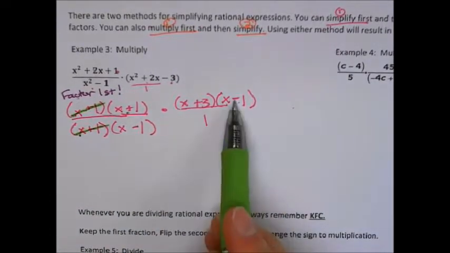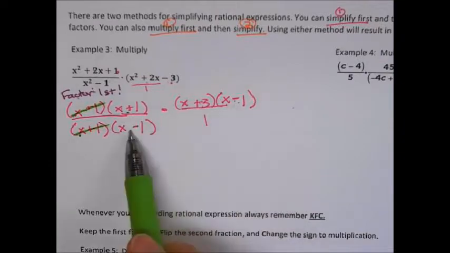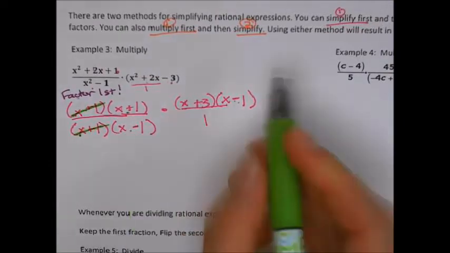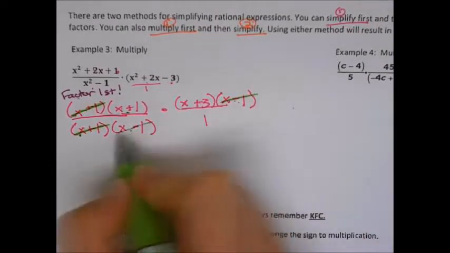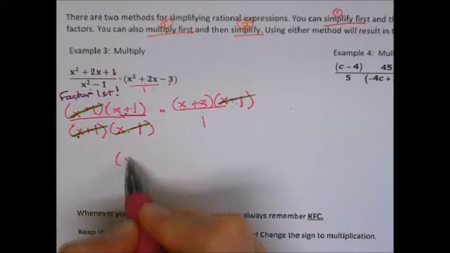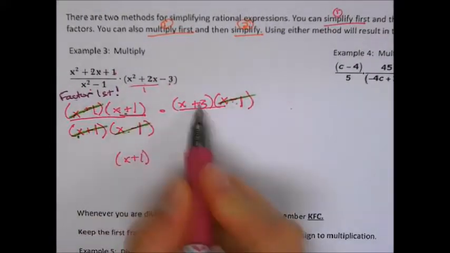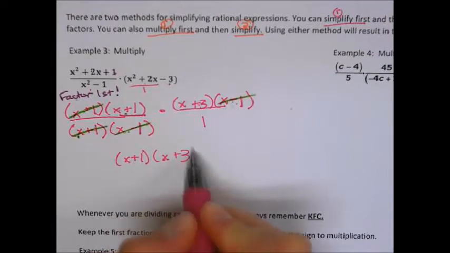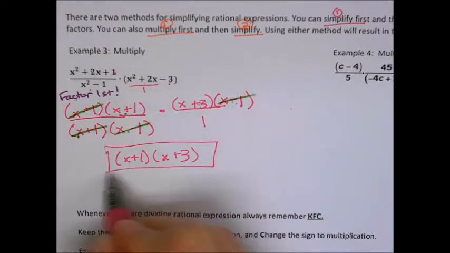I also have an x minus 1 on the top over here and an x minus 1 on the bottom here. So we're allowed to cross out if one's on the top and one's on the bottom. And I'm left with x plus 1, so now we're multiplying times x plus 3.